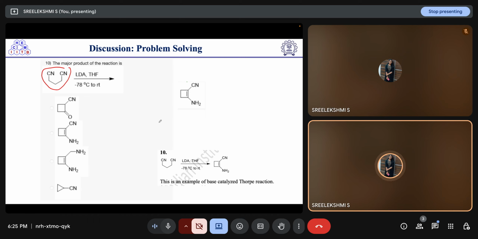Okay, so here also, as we said earlier, this proton abstraction can take place at this center and that can attack at this nitrile carbon, and that bond will shift over here and it will form NH2. Then some sort of rearrangement is happening which will form this compound, and this reaction is known as Thorpe reaction.